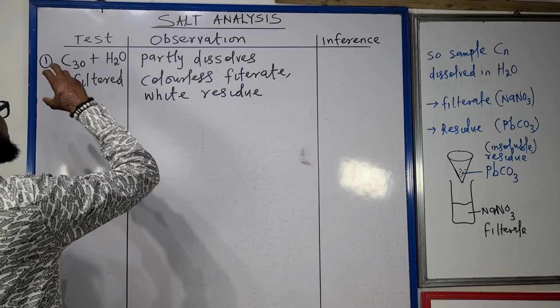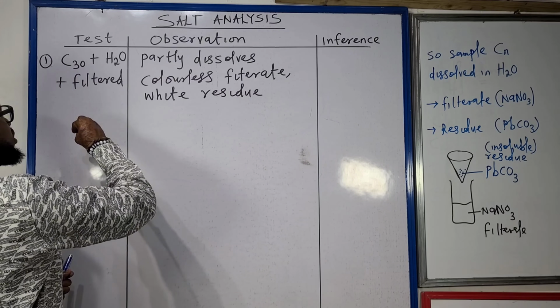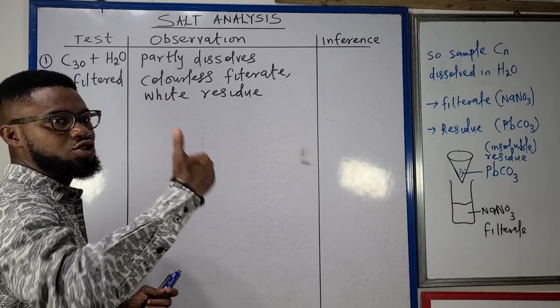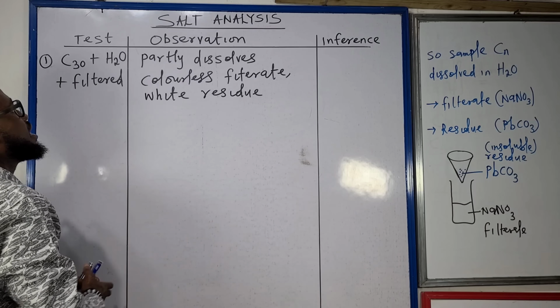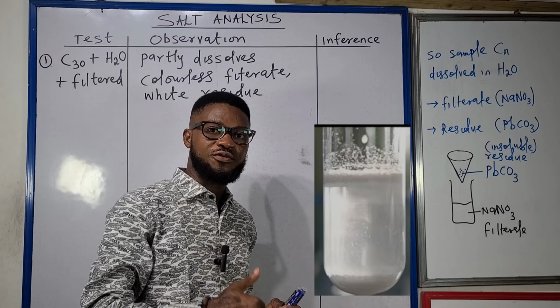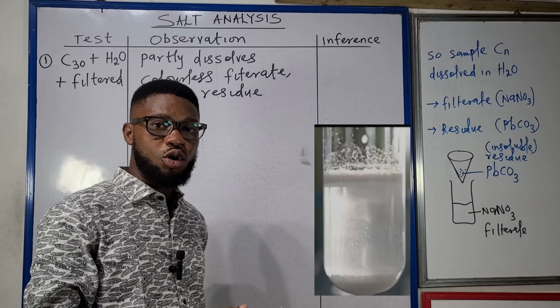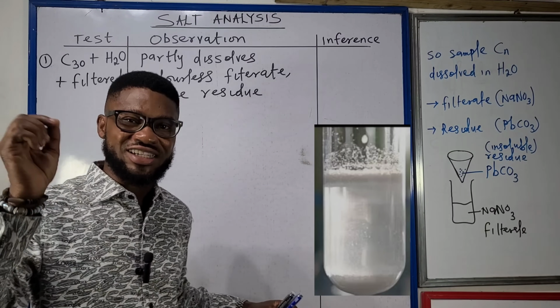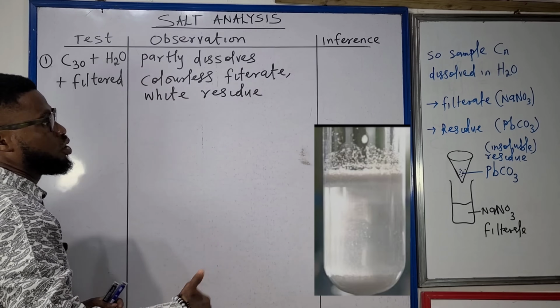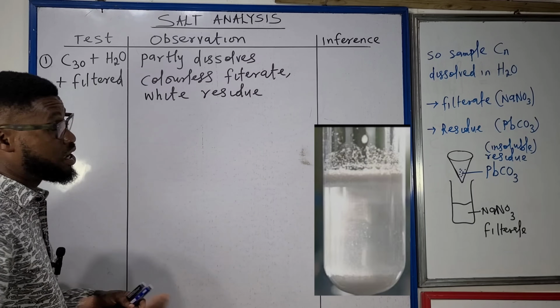Of course, when you add water into C and you shake together vigorously, it is going to partly dissolve. Some of the salt will dissolve, while some of the salt components will not dissolve, irrespective of how vigorously you shake that in your boiling tube or your test tube.